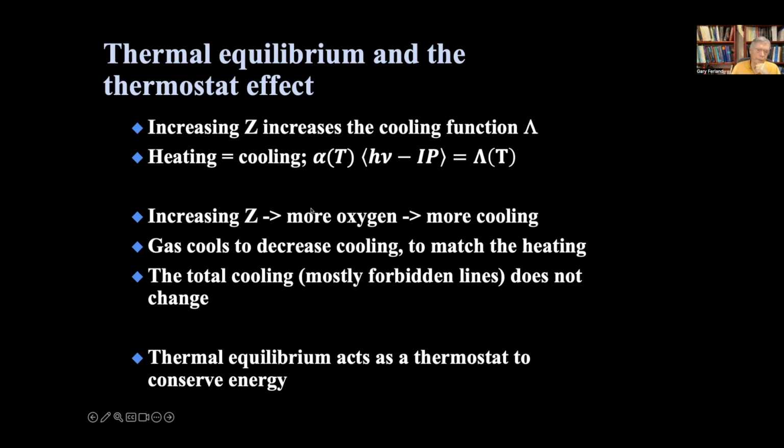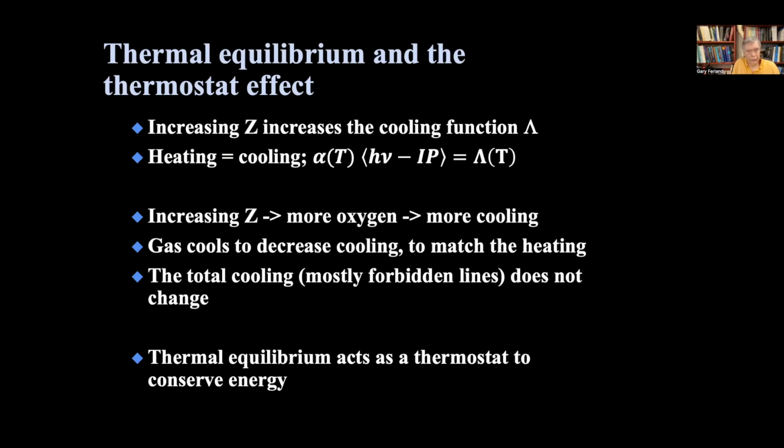Can't change the star. So the cycle that happens is you increase the metallicity, there's more oxygen, there's more cooling. So now cooling is bigger than heating as you do that. So the gas cools to decrease the cooling to match the heating. So the total cooling does not change.